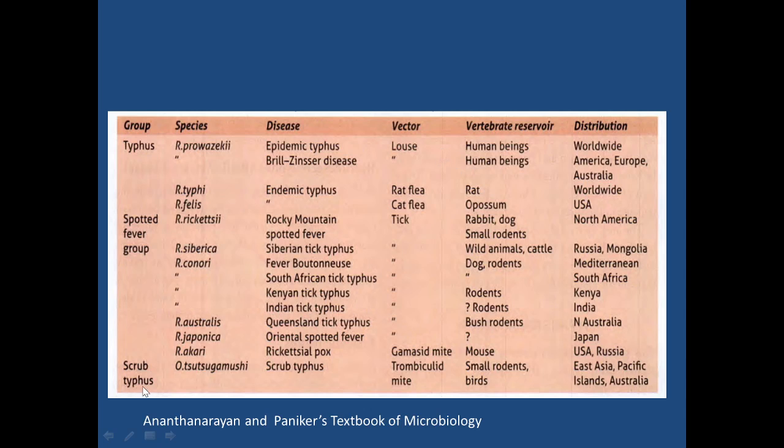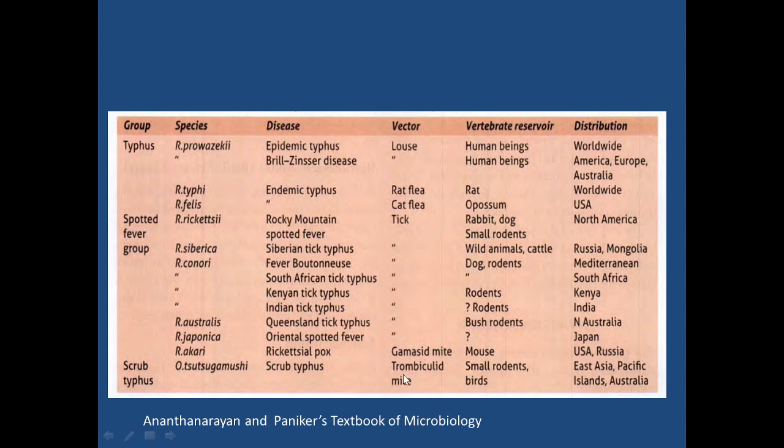Okay, now these are different groups with their causative agents as well as their vectors. Most important for our region is scrub typhus. It is classified in a different group as compared to typhus and the spotted fever group, because this is caused by Orientia tsutsugamushi. Scrub typhus is widely common in India, in Maharashtra, in MP, in our region, also in UP and around Delhi, more widely UP and Haryana side. This is caused by the chigger or larva of the trombiculid mite.